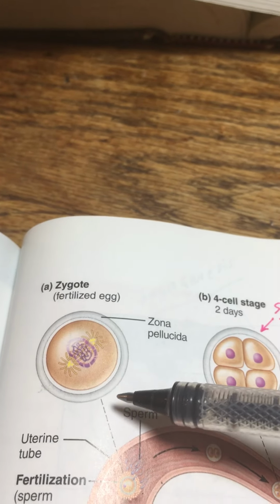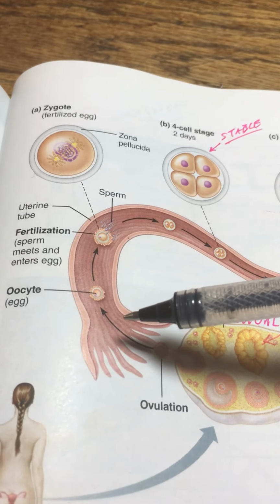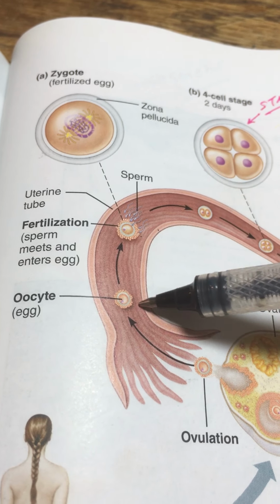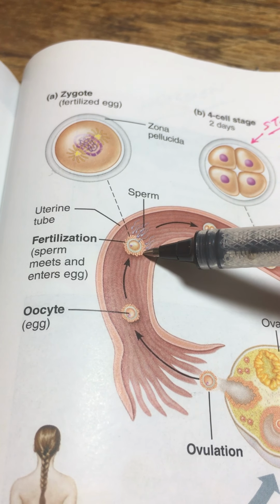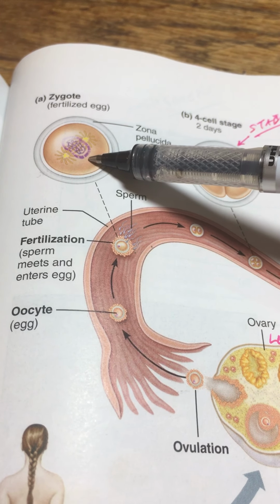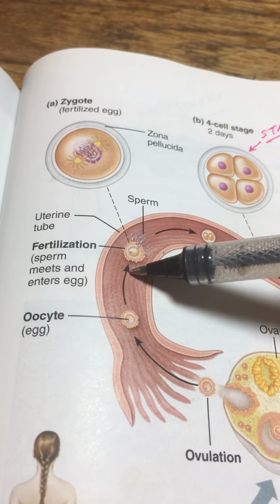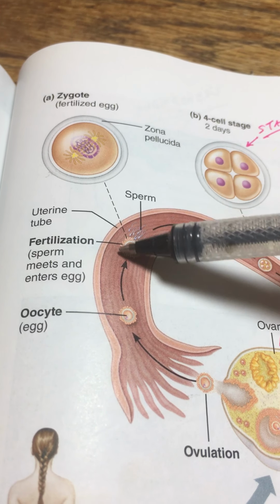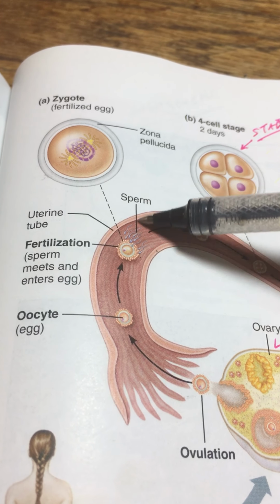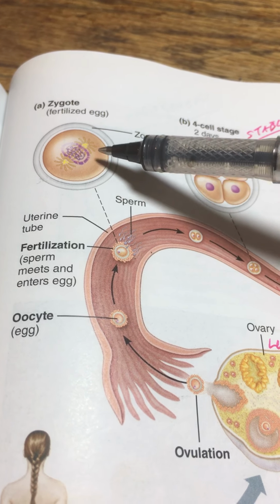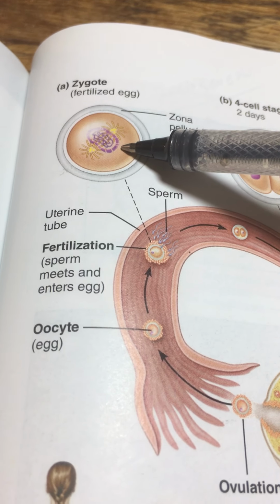And we come over here and take a look, and here is the oocyte deposited after ovulation. Here's the moment of fertilization. Here is the zygote, which is the fertilized egg. So the egg with 23 chromosomes, with the additional sperm's 23, becomes the 46 chromosome zygote.